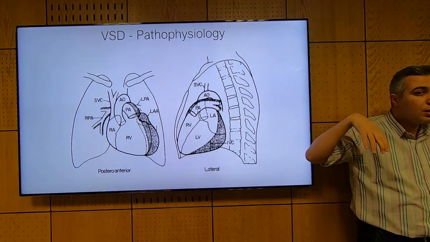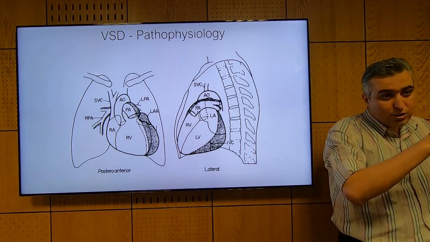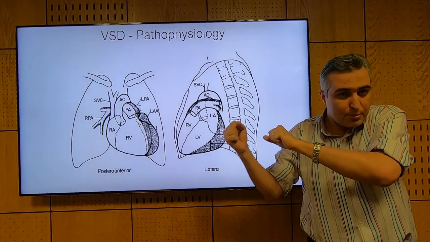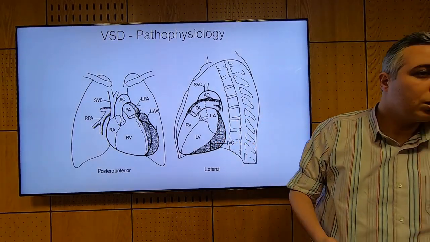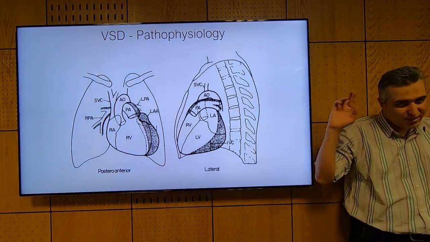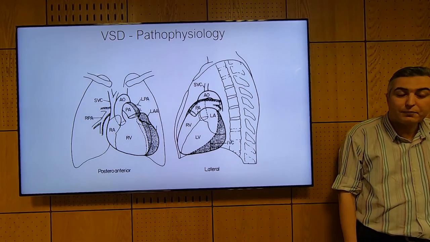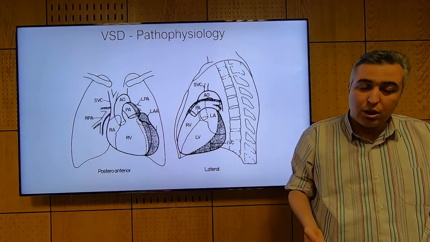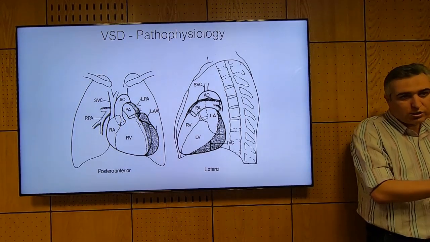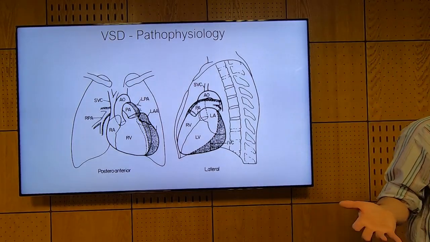Is that because of reversible vasoconstriction, or because of irreversible pulmonary vascular changes? How do you know? Obviously without closing the VSD, you subject them to a vasodilator. You give them oxygen, a strong pulmonary vasodilator. One of the strongest pulmonary vasodilators that we know of is nitric oxide, and in a few places it is not available.